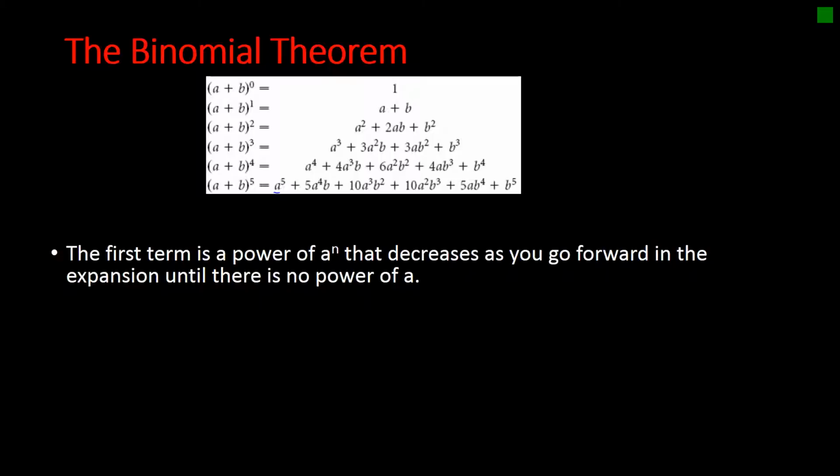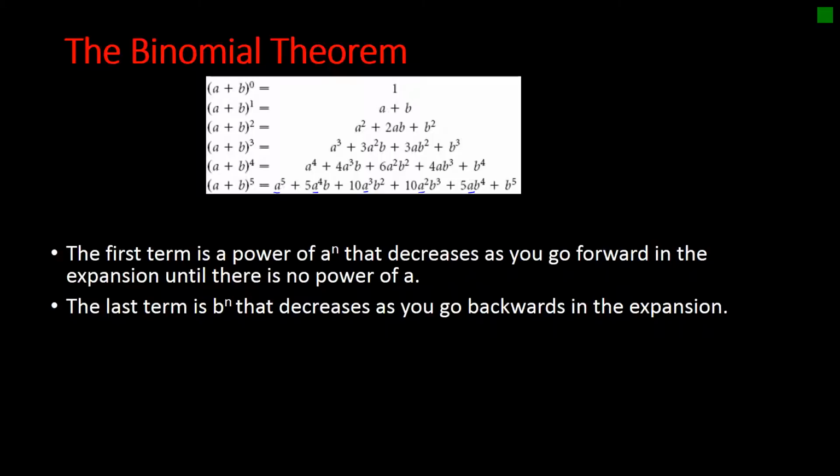You have a to the fifth, a to the fourth, a cubed, a squared, a, and in the very last term, you have no power of a. The last term is b to the n, and the power of b decreases as you go backwards. So here you're going to have b to the fifth, b to the fourth, b cubed, b squared, b, and then no power of b.